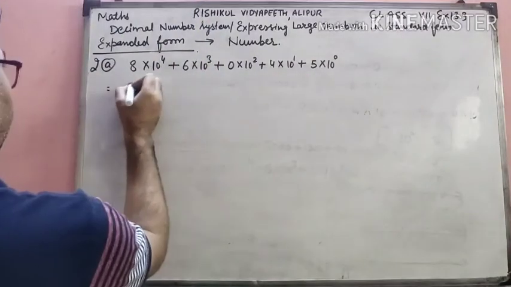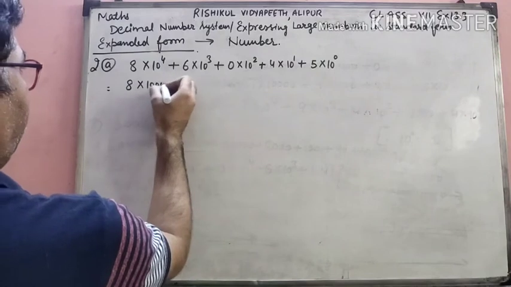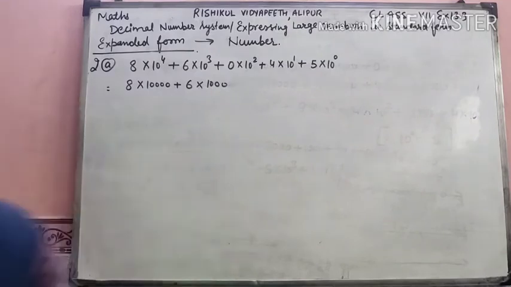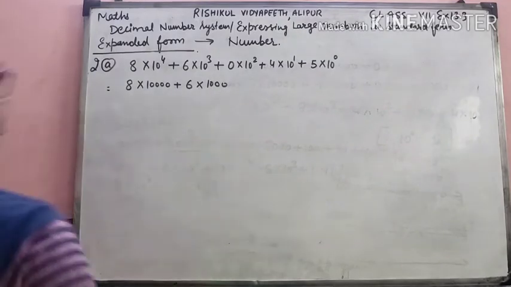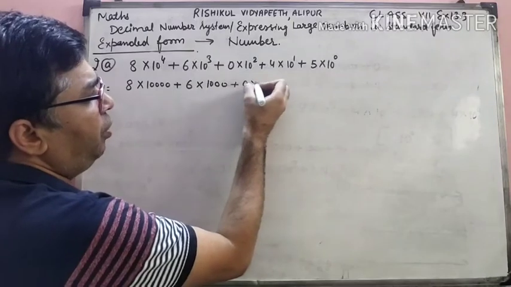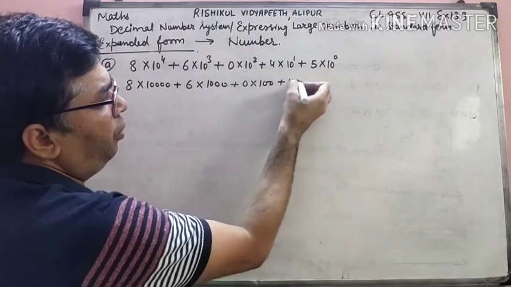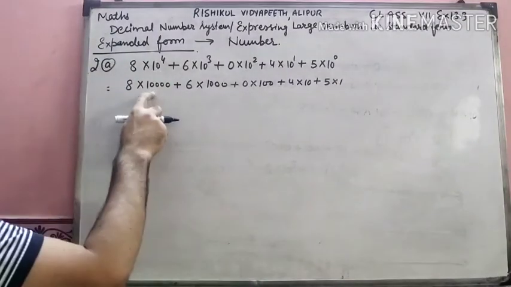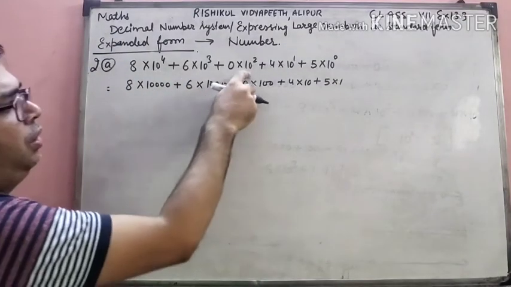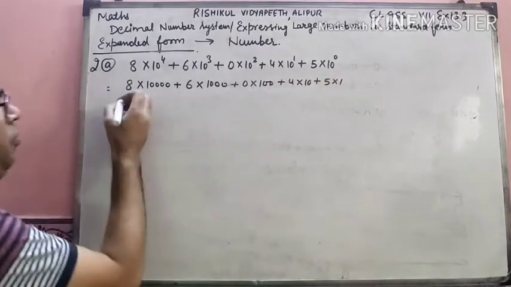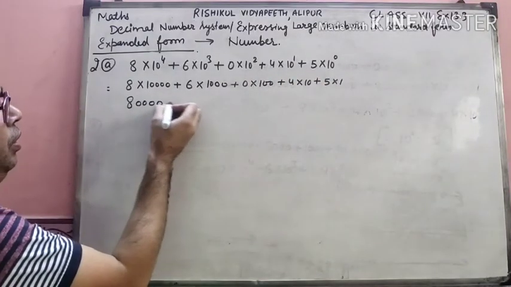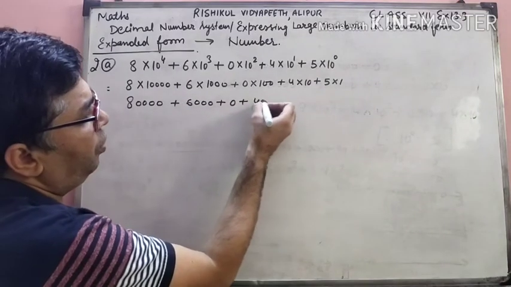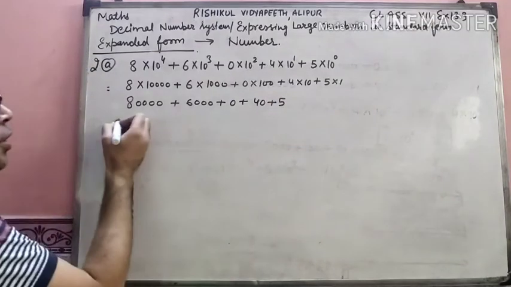How can you write it? 8 into 10000, 6 into 1000, 0 into 100, 4 into 10, 5 into 1. This can be written as 80000 plus 6000 plus 0 plus 40 plus 5.